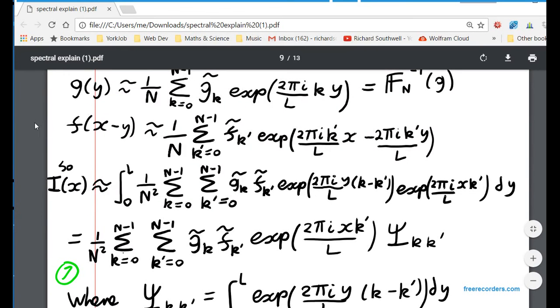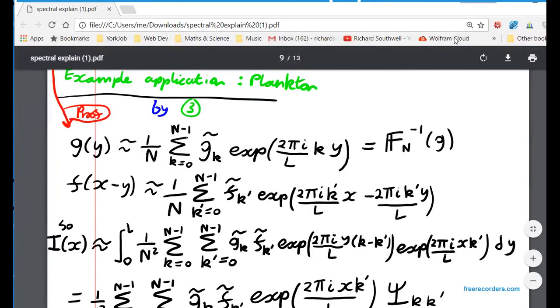So we have an integral, constant 1 over n, and then we're summing over k and k dash. When I was writing these things, using equation 3, I made sure that when I'm writing g, I'm summing over wave numbers that I'm calling k.